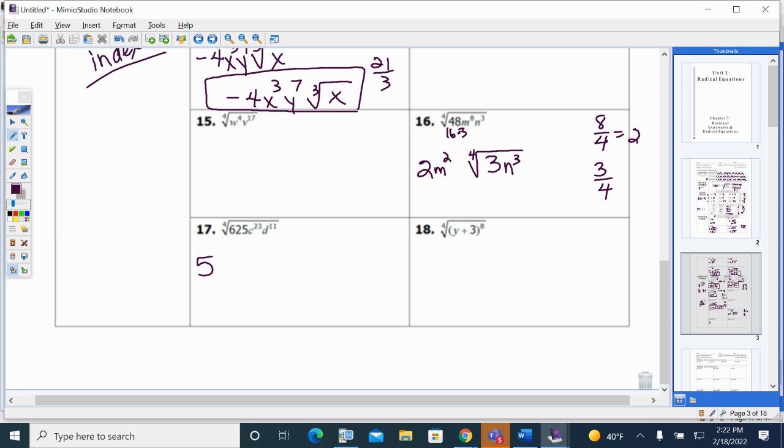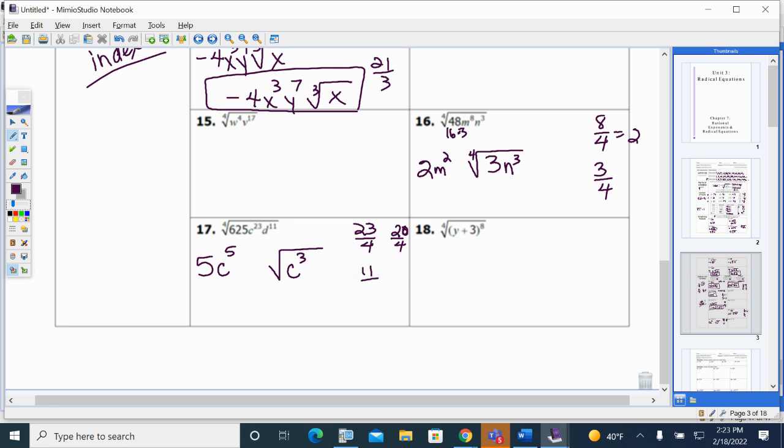For your c's, if you think about 23 divided by 4, again, that's not going to go evenly. But how many of those 23 would divide evenly by 4? Well, 20 of them would, right? 20 of the 23 will divide by 4 evenly, giving us an exponent of 5. So that's going to be c to the 5th power. How many did not divide evenly? 3 of them. So c to the 3rd is going to stay underneath.